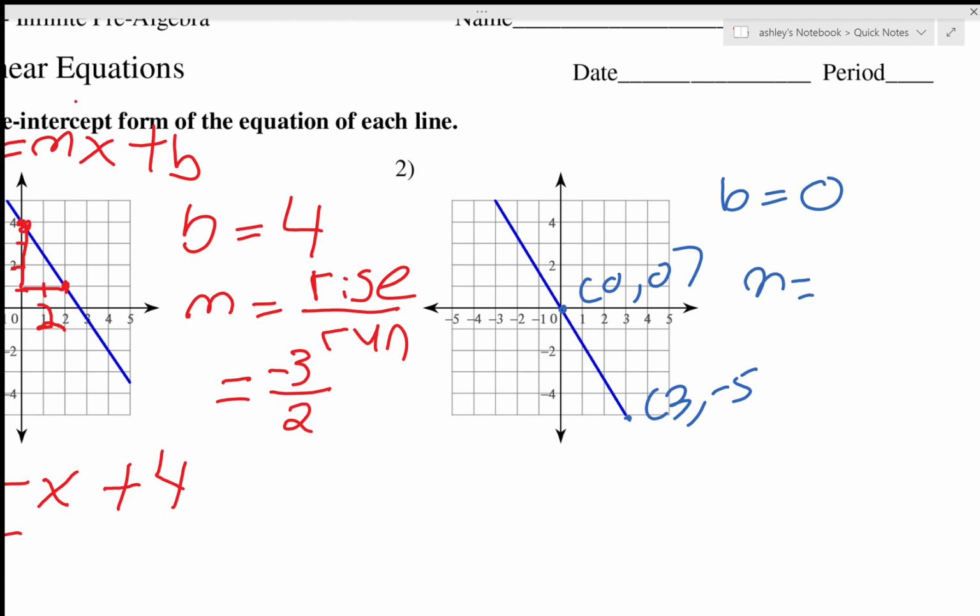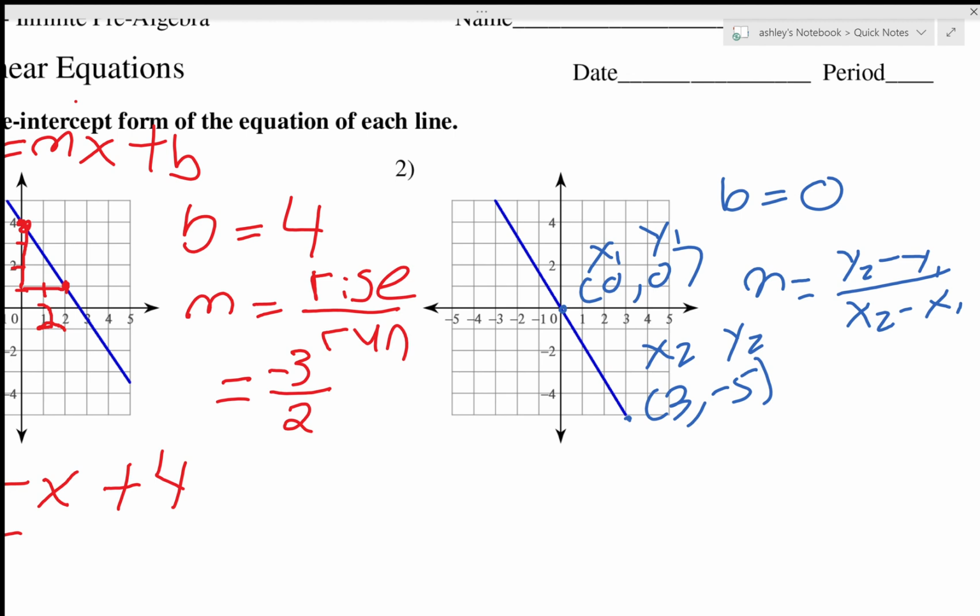That equation for slope is y2 minus y1 over x2 minus x1. Okay? And you're going to plug in your points. So I'll make this x1, y1, x2, y2. Again, some of you have asked, it doesn't matter your order as long as you're just consistent.